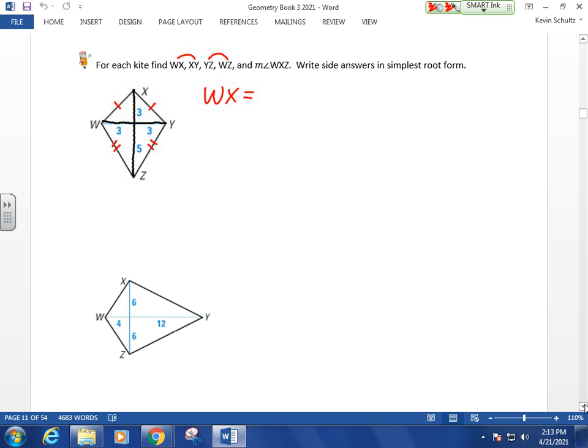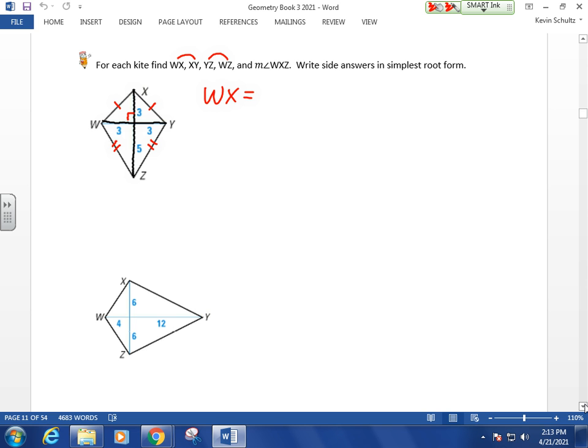Good. How do you know it's a 45, 45, 90 triangle? Because if there's one 90 degree and the other 2 have 2 equal congruent legs, then that shows that the angles are also going to be congruent. Yep. We know we've got right triangles in here because the diagonals are perpendicular, so we got a right angle there.